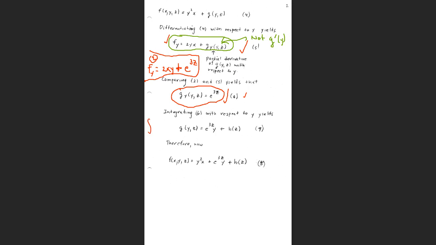The integral of the partial derivative with respect to y, dy, is equal to g of y, z, the function. I have to integrate the right-hand side of equation 6 too. The antiderivative of e to the 3z is e to the 3z times y plus h of z. It's the most general antiderivative.